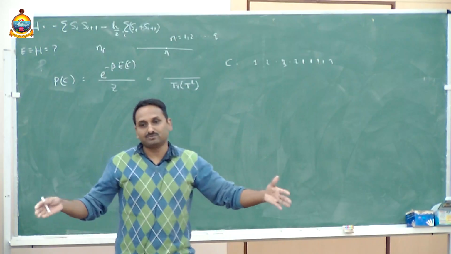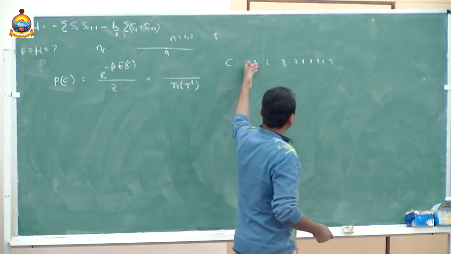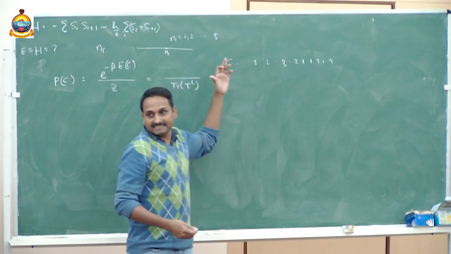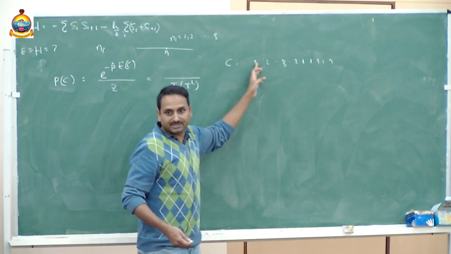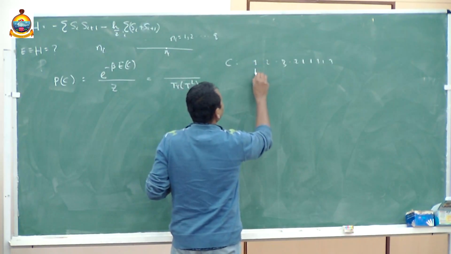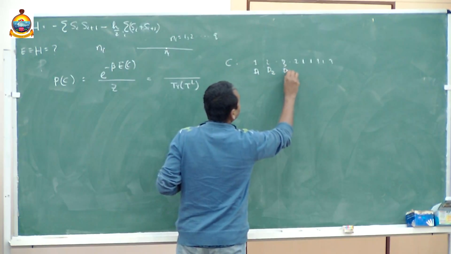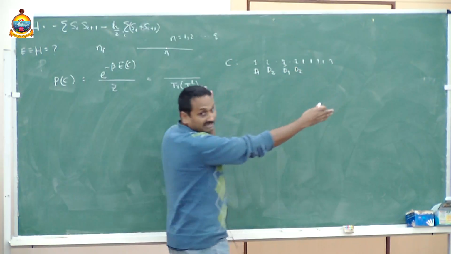So it's a sequence of 1, 2 or 3, and at each site you replace the site variable by a corresponding matrix. So you replace 1 by D1, 2 by D2, 3 by D3 and D2, like that. So you get a matrix.